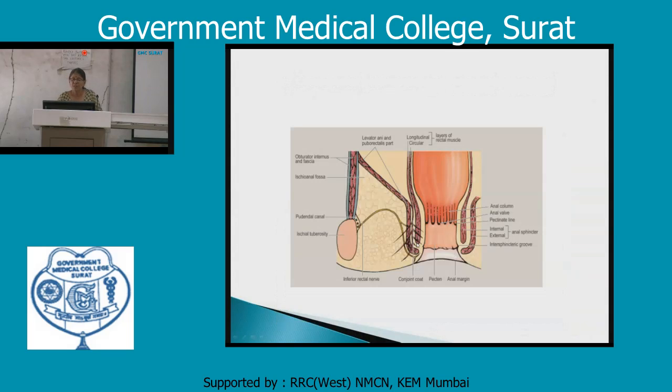Again, we can see the internal anal sphincter, external anal sphincter, and this is the conjoint longitudinal coat, formed by the longitudinal muscle of the rectum and puborectalis. These fibroelastic bands even pierce the subcutaneous part of the external anal sphincter, get attached to the skin near the anus, and one of them forms the perianal fascia.